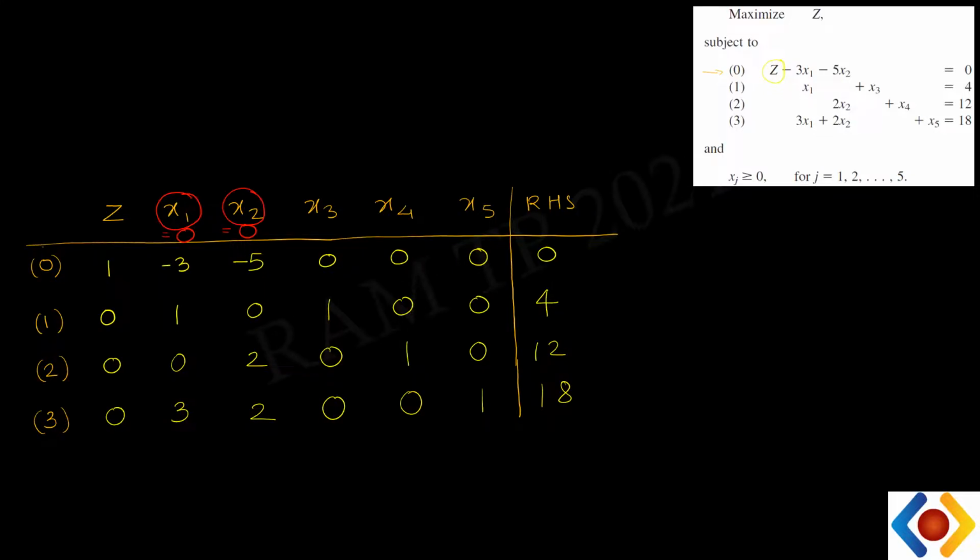Now that we have assumed x1 and x2 are 0, from the available information we are going to solve this system of equations to figure out the values of x3, x4, and x5, and z. Just let's finish that part about z. Focus on the first line.